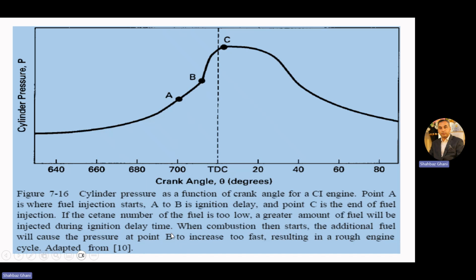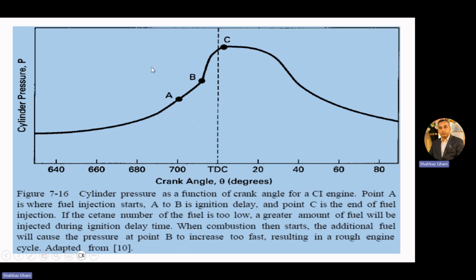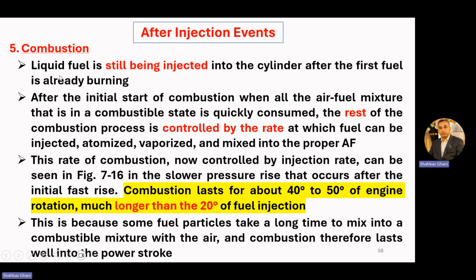Now, liquid fuel is still being injected into the cylinder after the first fuel is already burning. Means your burning starts at point B after the ignition delay, but you are still injecting the fuel till point C.